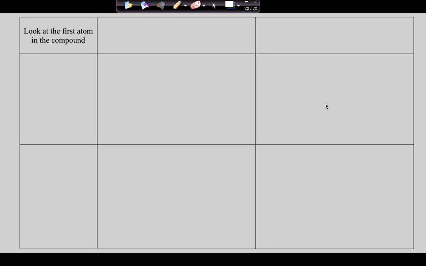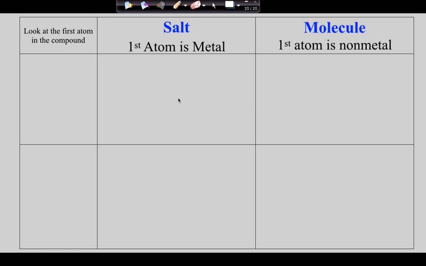So the first thing you're going to do is you are going to look at the first atom in the compound. Now, this will be a salt if the first atom is a metal. This will be a molecule if the first atom is a nonmetal.